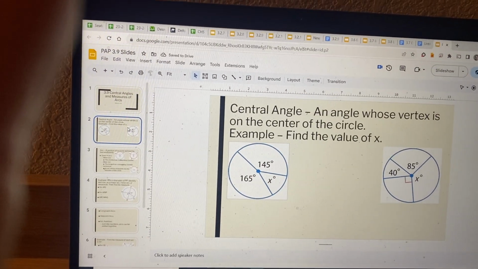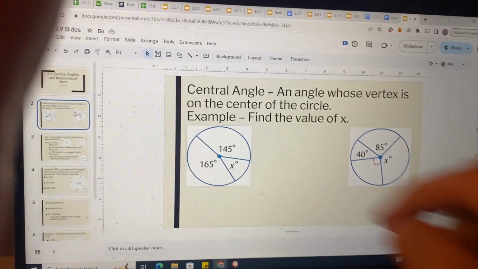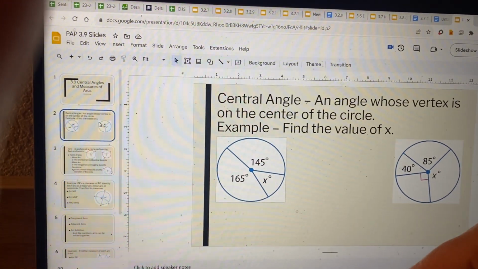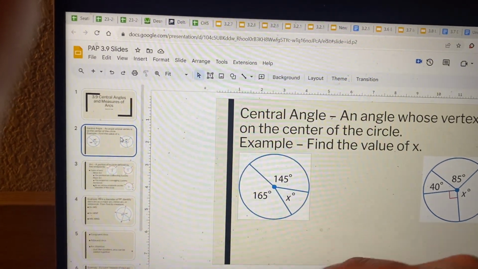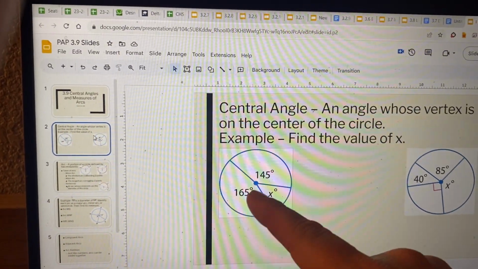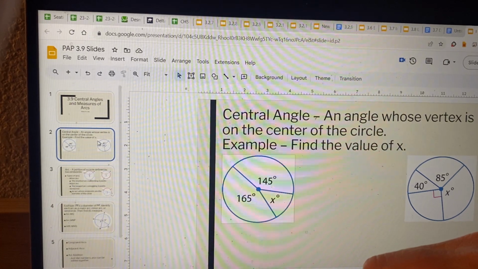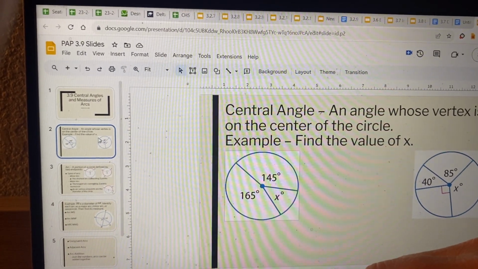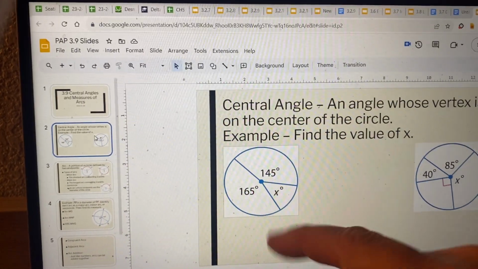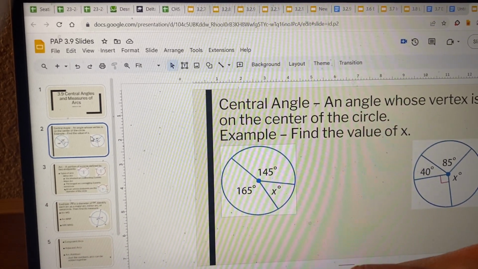So first off, a central angle just means any angle whose vertex is on the center of the circle. So we know that all circles should be 360 degrees all the way around. If we look at this one, 165 plus 145 should get us up to 310. So this would be a 50-degree angle.